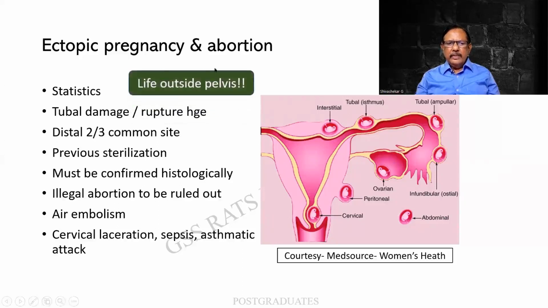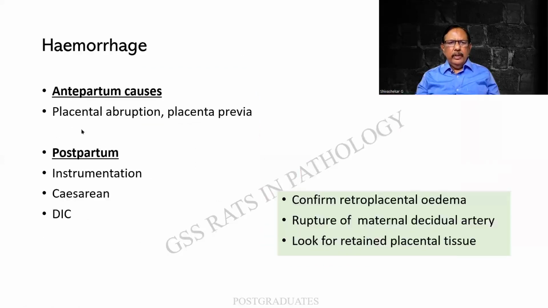So obviously there is life outside the pelvis. There can be a shock, there can be an asthmatic attack, and so on. The hemorrhage again can be antepartum, causes being placental abruption, placenta previa, and postpartum, instrumentation, cesarean, DIC, etc. So you'll have to confirm the position of the placenta and whether there is any edema, rupture of the maternal decidual artery.